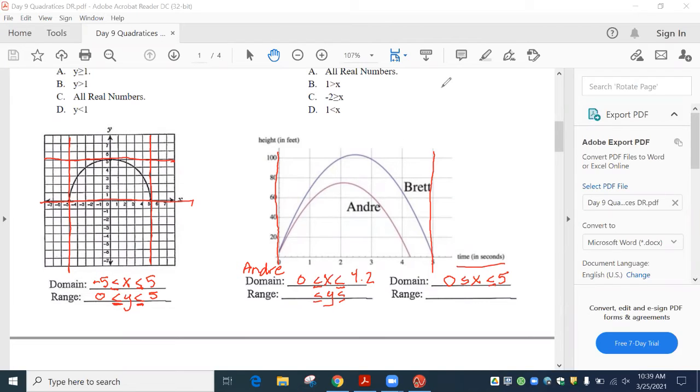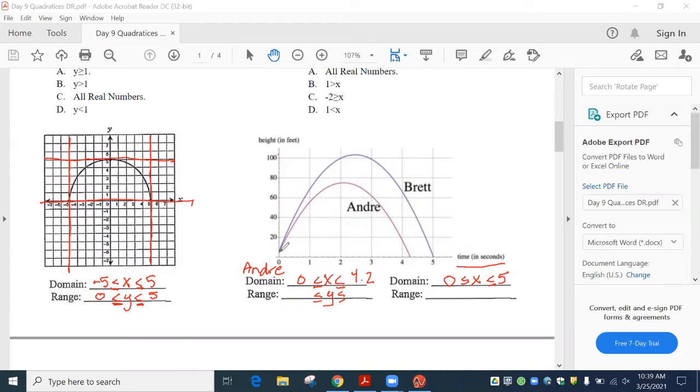So here's the weird part on this range right here. I'm going to erase these real quick. He actually doesn't start at 0. I would say he starts around 5 or 6 feet. Does anybody know why he starts at 5 or 6 feet? Because when you throw the football, the ball's not on the ground. Where's the ball? Yeah, it's on his arm. So it's going to be 5 or 6 feet in the air.